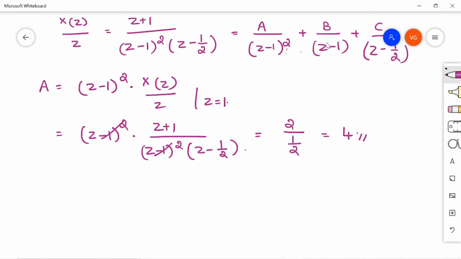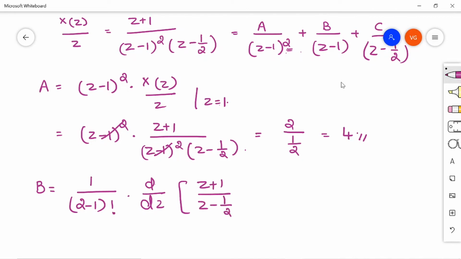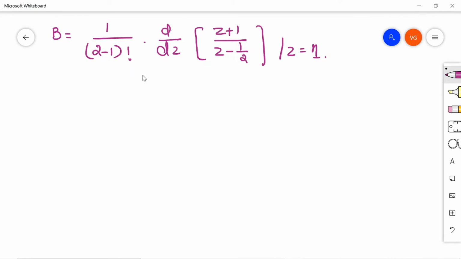Now to find out the value of B here, you have to go with the partial fraction expansion method again. As you have multiple roots, two, you write the term separately as (z - 1) here. So it will be like the formula 1 by (2 - 1) factorial, right? As you have two roots here, you go with one time derivative, d by dz of the remaining, that is (z + 1) divided by (z - 1/2), where z is equal to 1. 2 minus 1 is 1, so 1 by 1 factorial is nothing but 1 only.